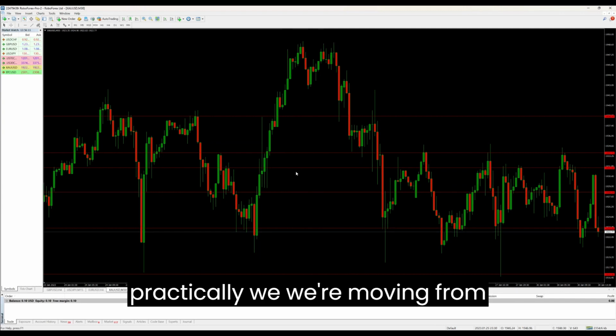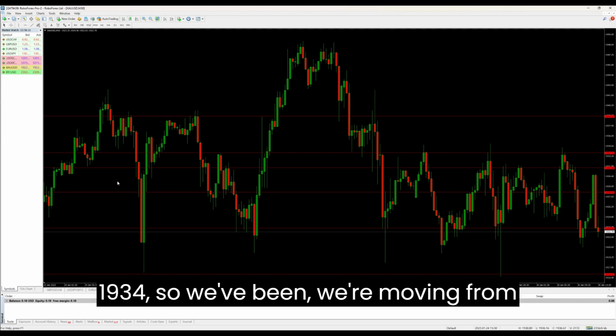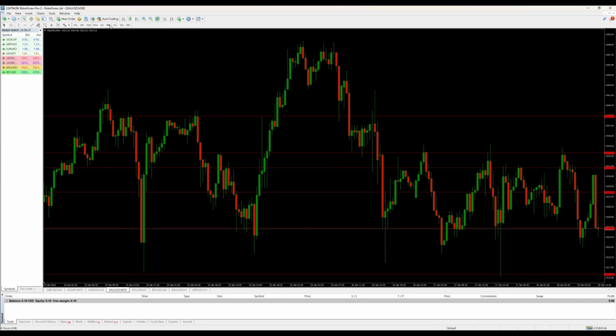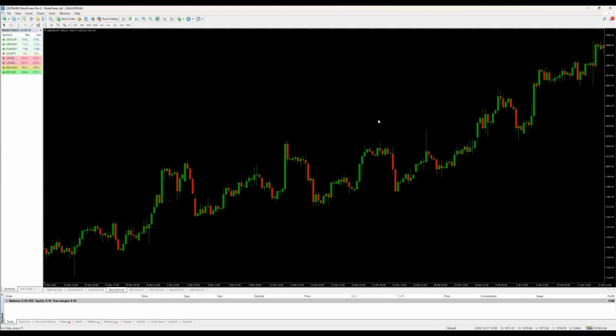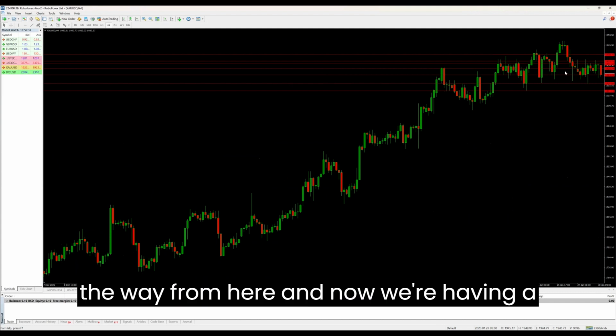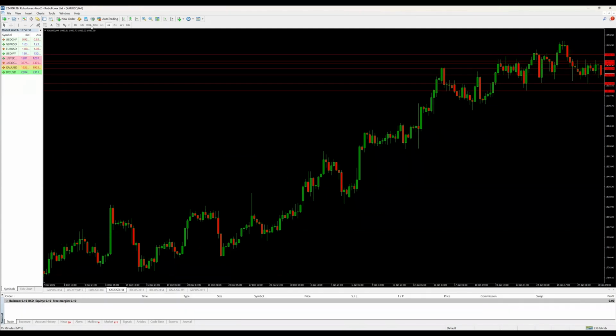So practically we're moving from 1916 to 1934, and this is a consolidation because if you go on the H4, we had an uptrend all the way from here, and now we're having a consolidation. So this is the mark out of the consolidation.